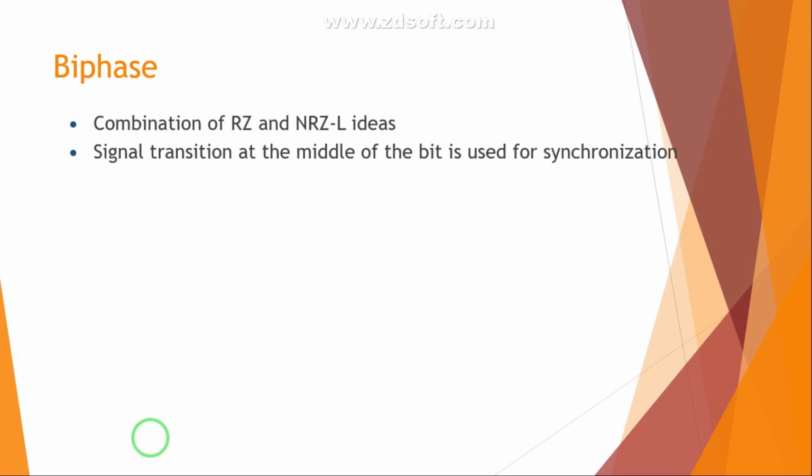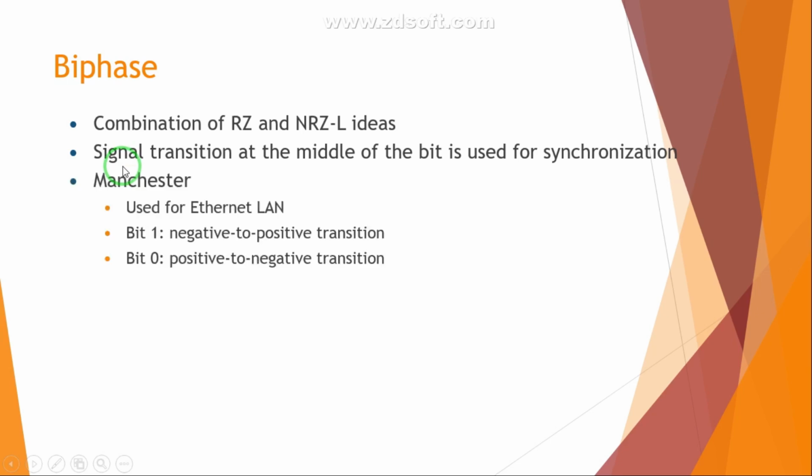Now biphase is a combination of RZ and NRZ, combined together, and the signal transition at the middle of the bit is used for synchronization. It is of two types, guys. Manchester is used for Ethernet LAN. In Manchester coding, bit 1 is represented by a negative to positive transition, and bit 0 is represented by a positive to negative transition.